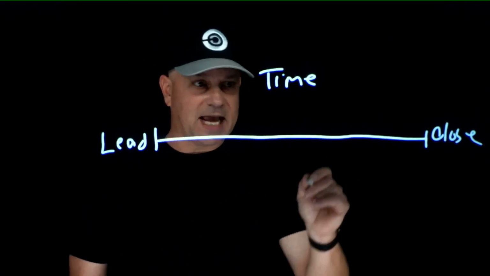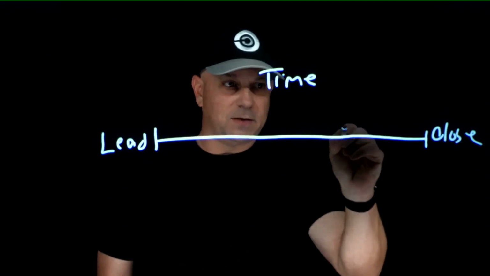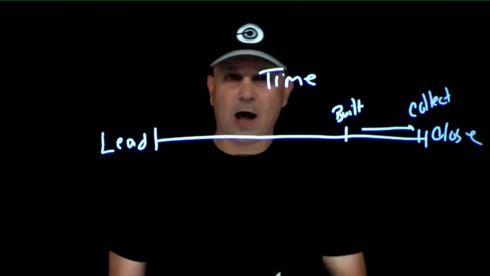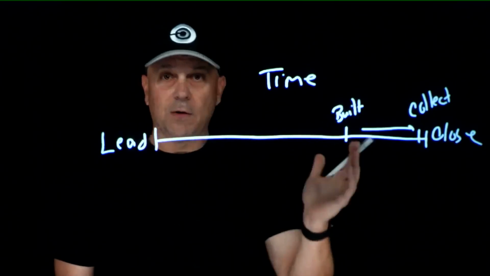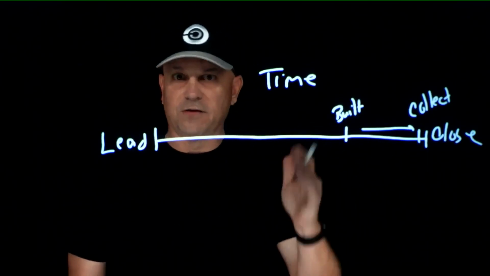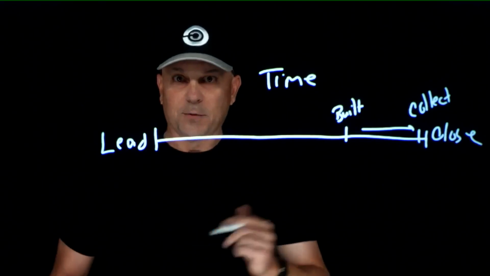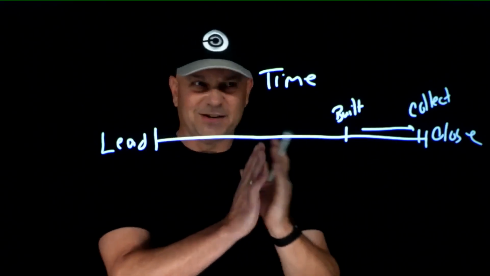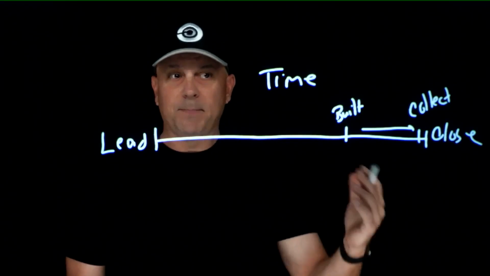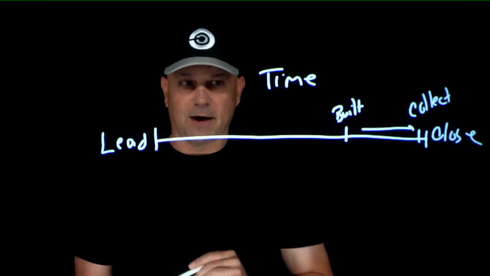One of those factors is cash flow. So from the time that you built it till you collect it, how long is that taking? If you don't know that answer, you are likely in a situation where you've become the bank. In other words, you're financing projects because they're taking too long to collect, and it's killing your cash flow and putting you in a situation where you're going to have a problem.